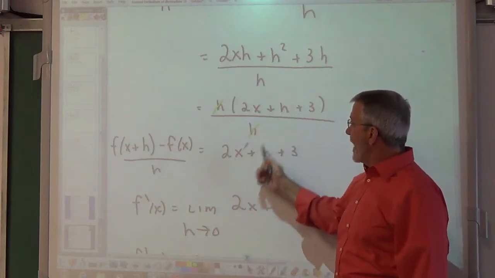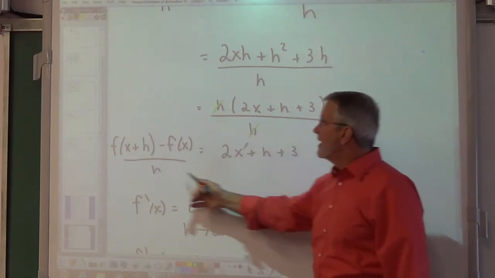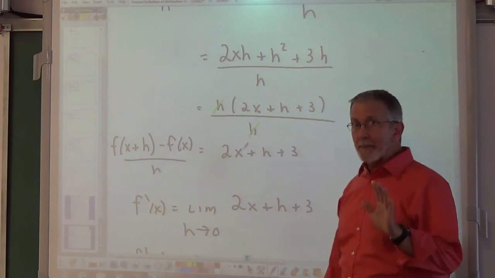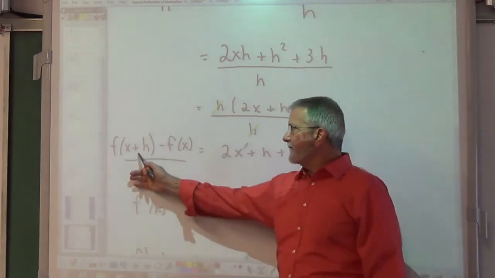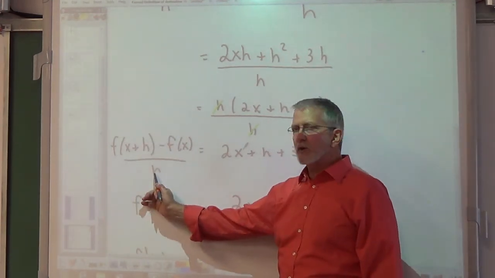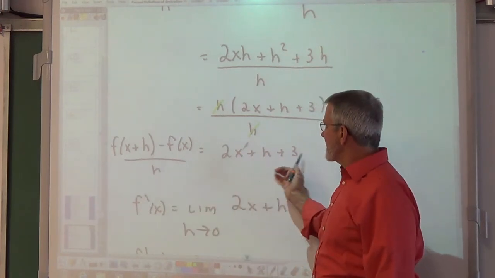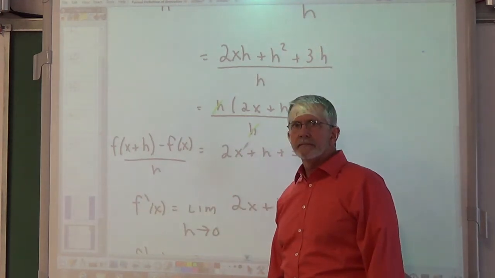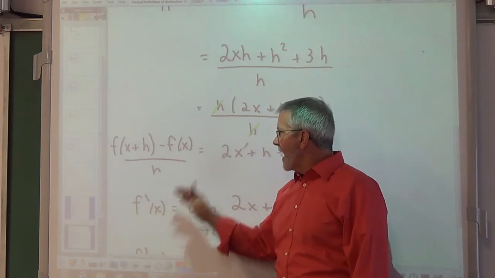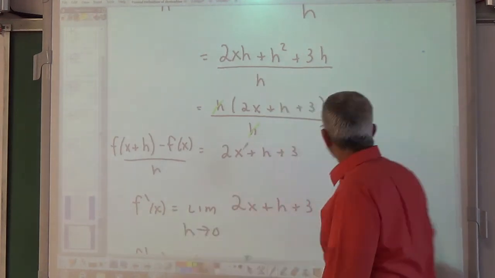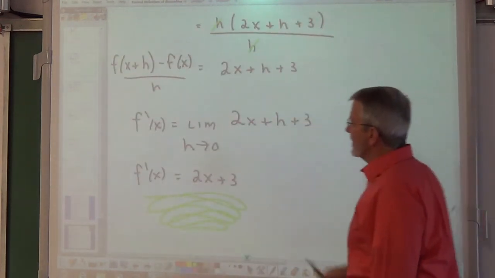So this 2x plus h plus 3 is the difference quotient for that particular function. This is the f of x plus h minus f of x over h. 2x plus h plus 3. That's the difference quotient. I put the difference quotient into the definition of the derivative.